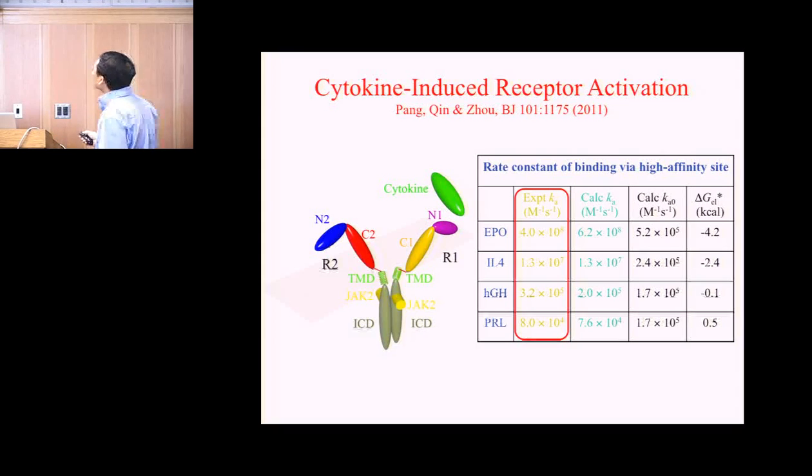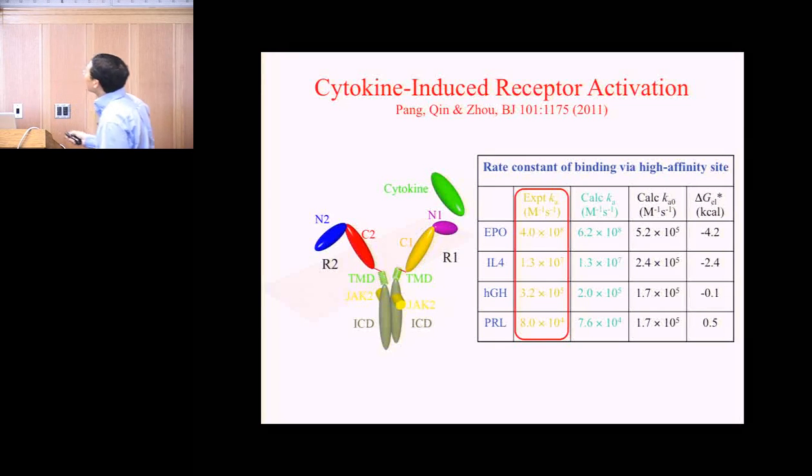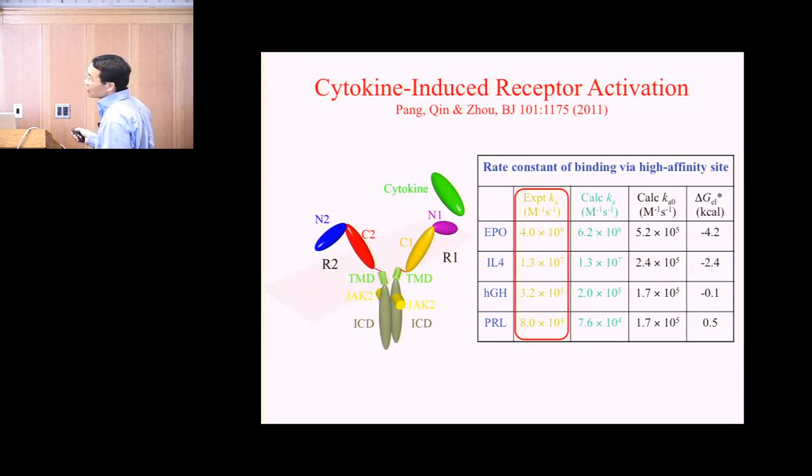This is the binding for the high affinity site. Since we have the structures for these complexes, we can easily do our transcom-based calculations, and we find that the basal rate constants are very similar. They differ by basically threefold, and it is really the electrostatic contribution that accounts for this difference.